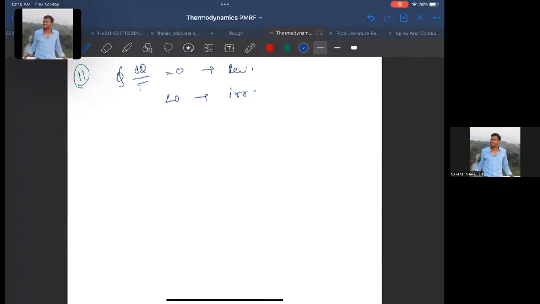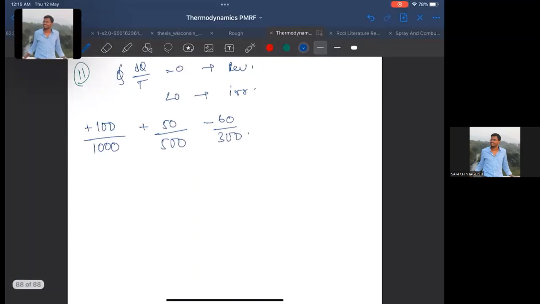In the first case, 100 is coming into the system, so it is positive 100 by 1000, and then 50 is also coming into the system, so plus 50 by 500, but next it is leaving, minus 60 by 300. So this is 0.1, this is also 0.1, minus 0.4, so this is equal to 0. So it is a reversible process.